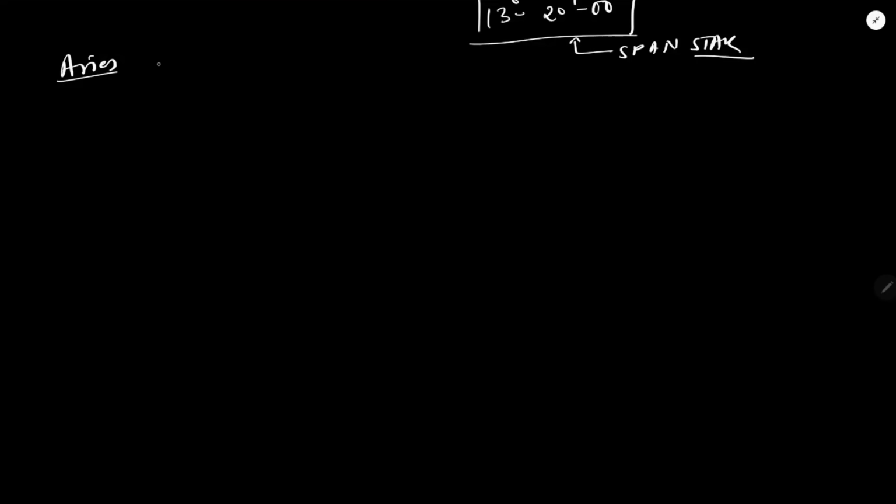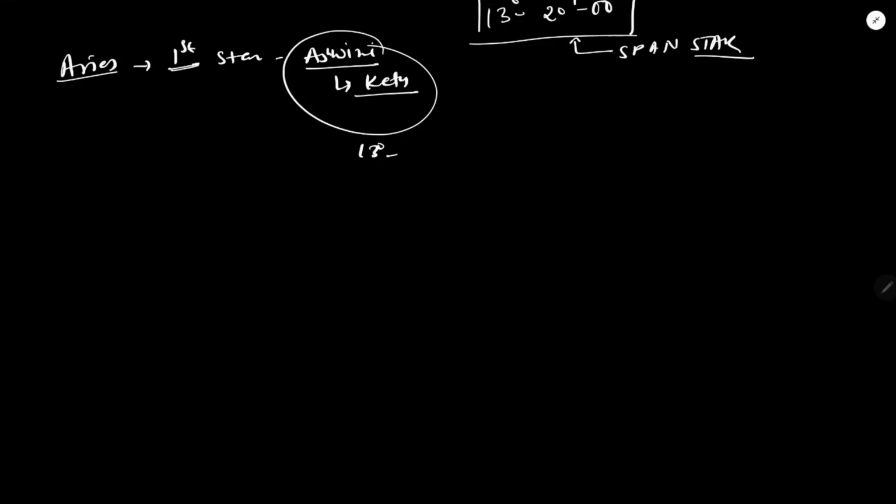We have seen that in Aries, the first star is Ashwini. The lordship of Ashwini is given to Ketu, and it covers the first 13 degrees and 20 minutes.